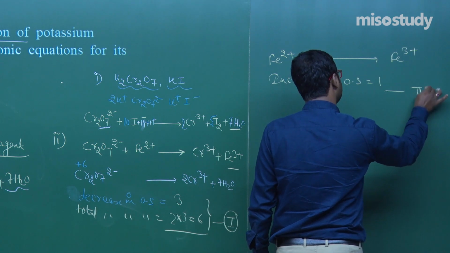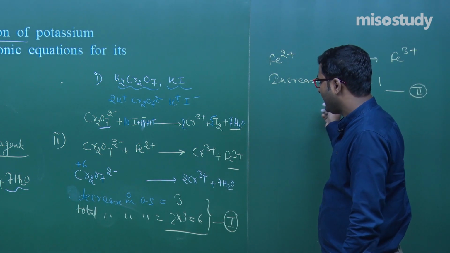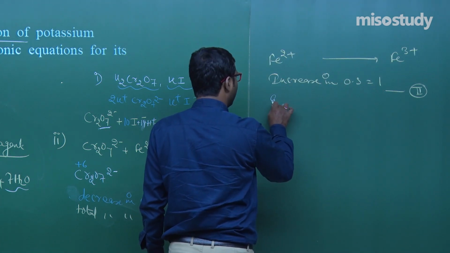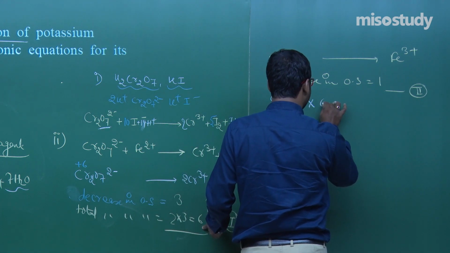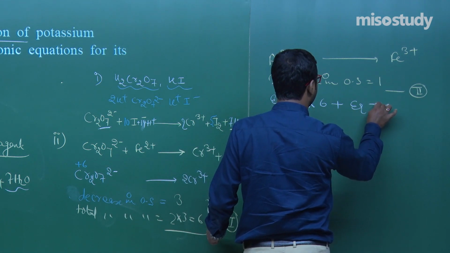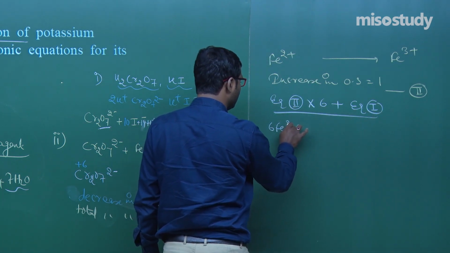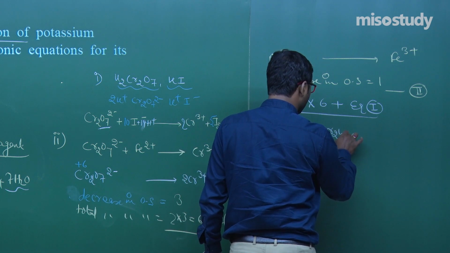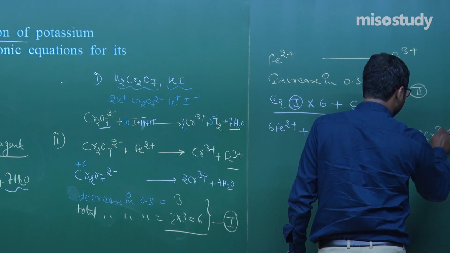Now this is equation 2. Now what does the rule say? We have to balance the total decrement and total increment in oxidation state. So we have to multiply equation 2 by 6 and add equation 1. Equation 2 gives 6 Fe2 plus, and equation 1 is, my friend, Cr2O7 2 minus to 2Cr3 plus.